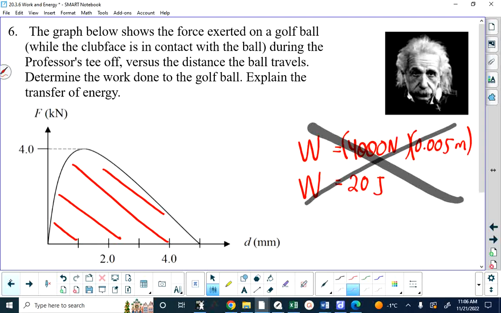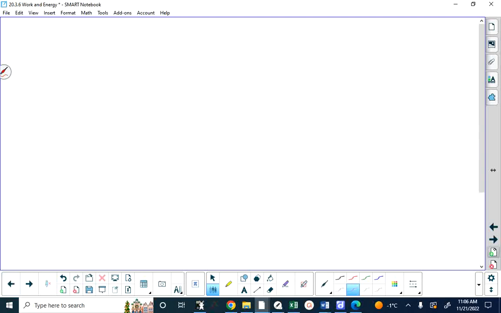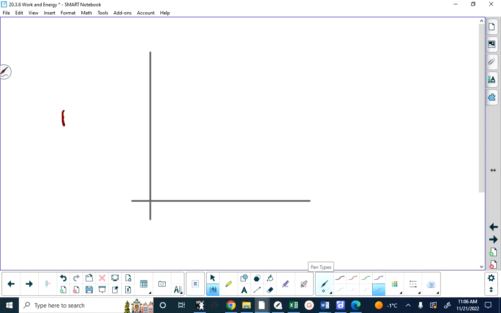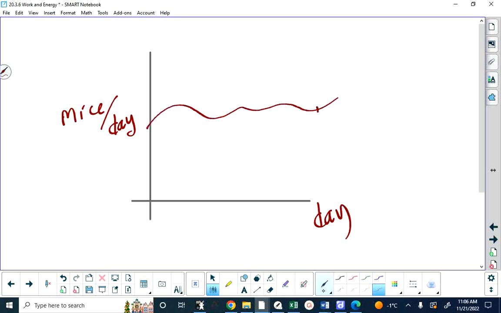So if I had a graph, and I'm getting a little off topic here, but if I had a graph that showed mice per day as a function of days, and it looked like this, then this area equals the number of mice, because mice per day times days gives you mice.